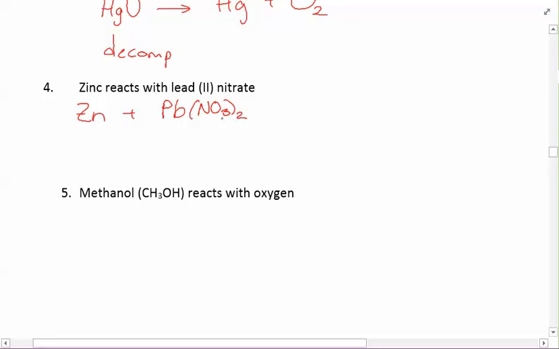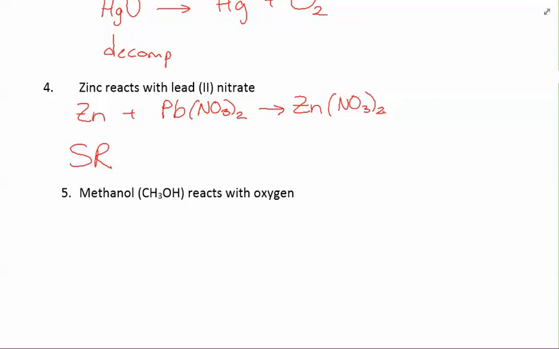So what's going to happen, zinc is a metal, so it's a single replacement. The zinc is going to replace the lead. So we'll end up with Zn(NO3)2. Zinc also has a +2 charge. Zinc is one of the elements that only has one possible charge, so it becomes Zn +2. And then we're going to be left over with lead, which is Pb.